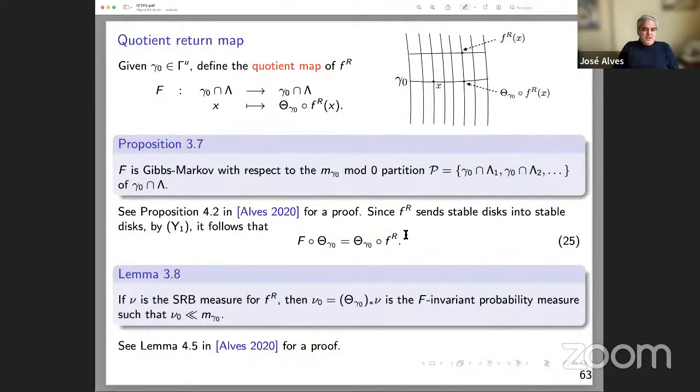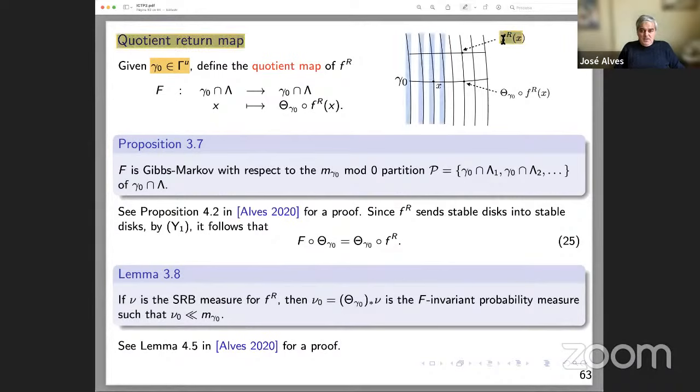So we have the return map, and we can introduce a quotient map of the return map. Recall that the return map is defined for the points in intersections of unstable disks with the stable disks. I'm going to define a quotient associated to a fixed unstable disk. I fix an unstable disk, and I take a point in the intersection of that unstable disk with lambda, and it has an image, and that image belongs to some other unstable disk.